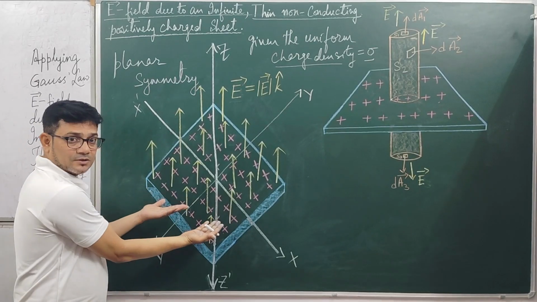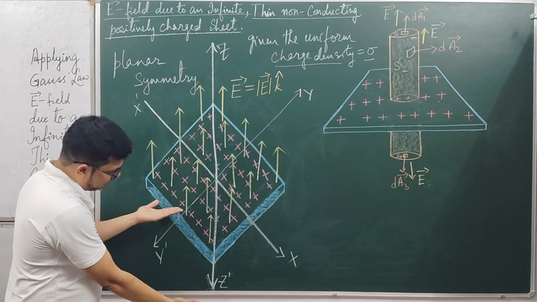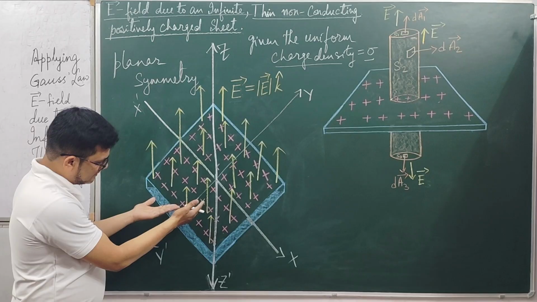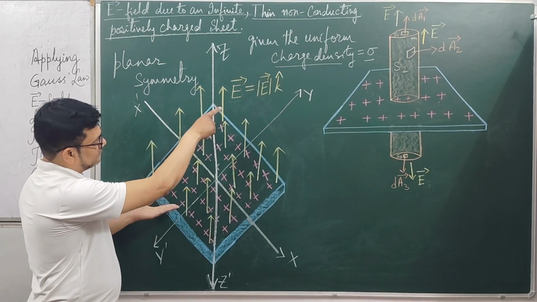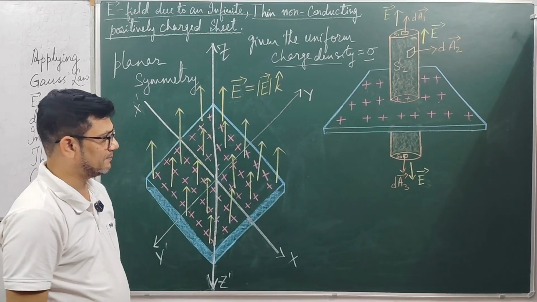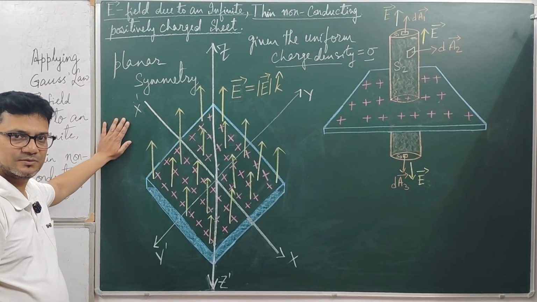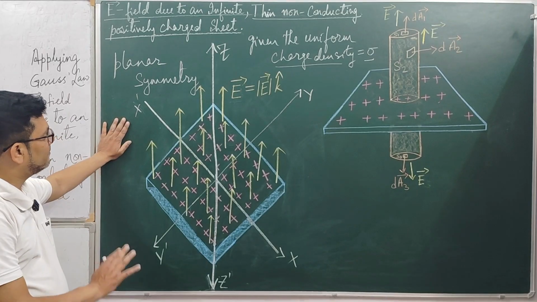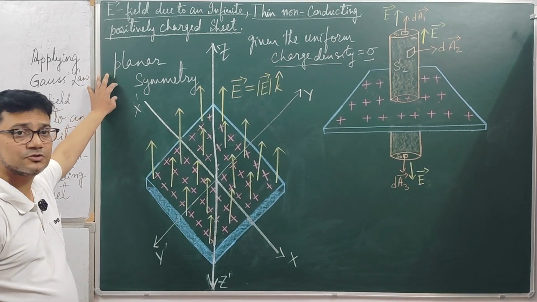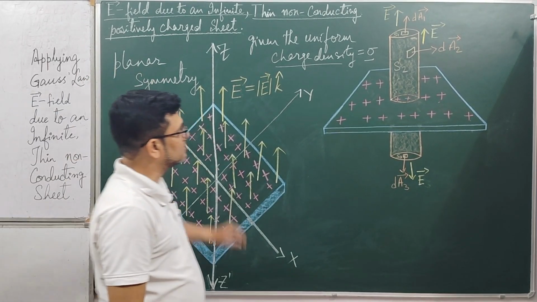Similarly, if you take the bottom part of it, the electric field is going downwards, in the direction of negative k cap. And what kind of symmetry? It's a planar symmetry. So keeping in mind this kind of charge distribution, we have taken a Gaussian surface.